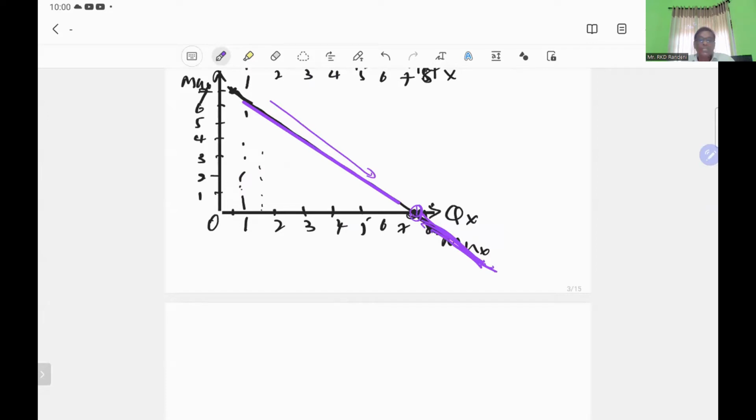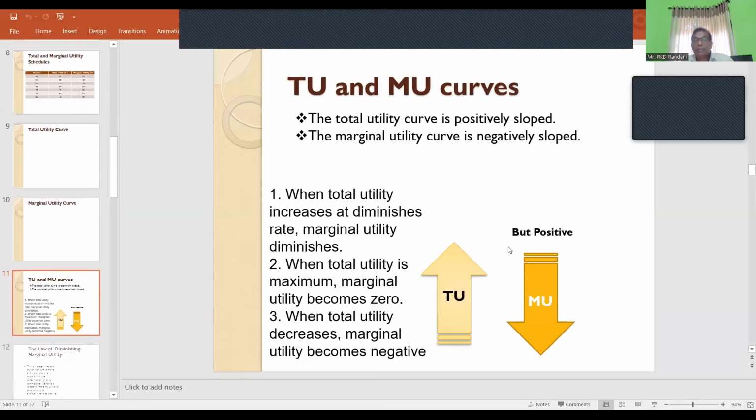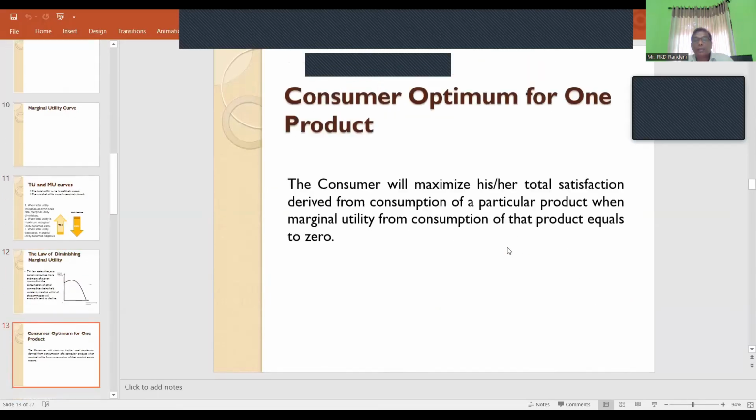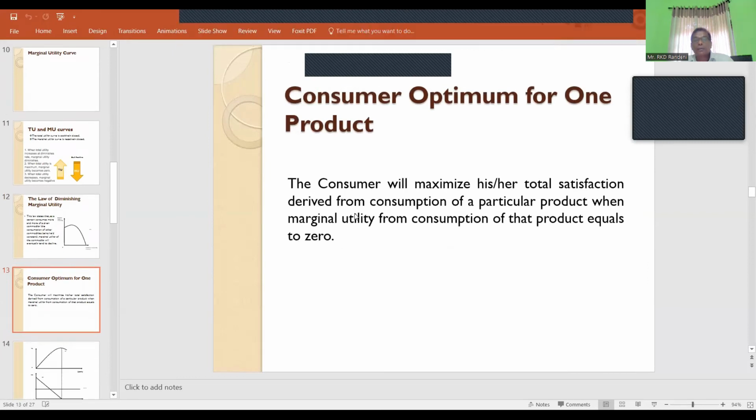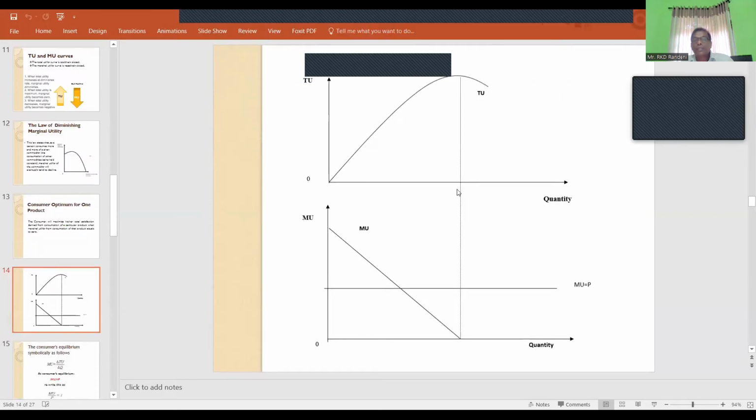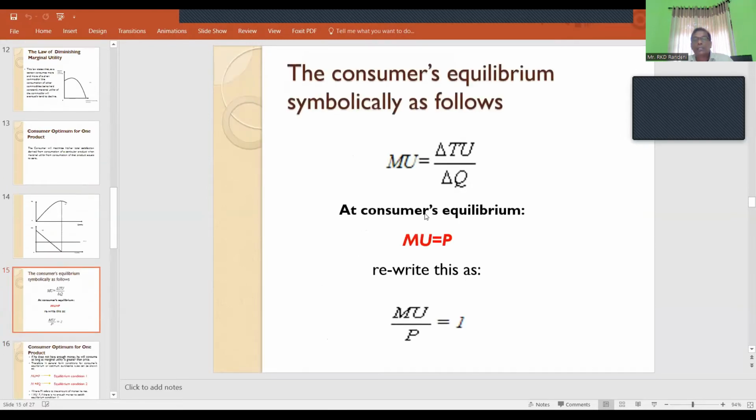Now we are going to discuss consumer equilibrium.